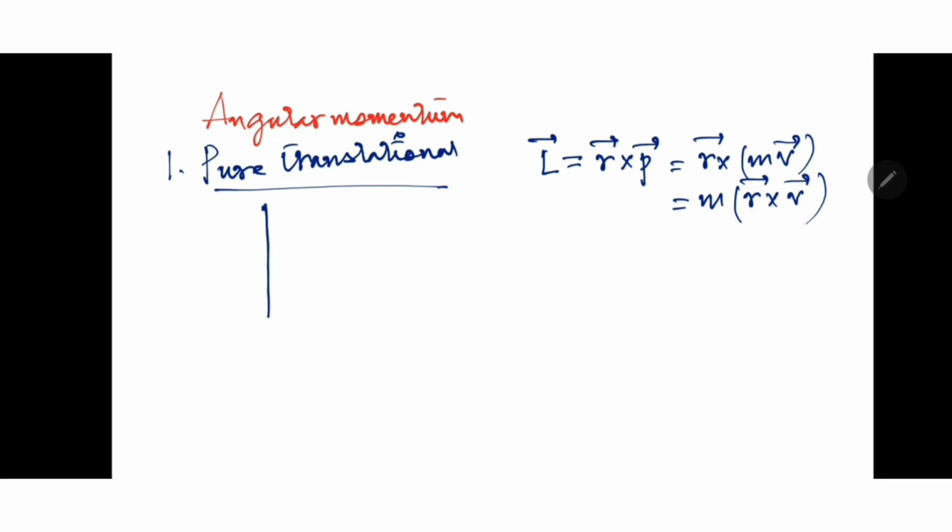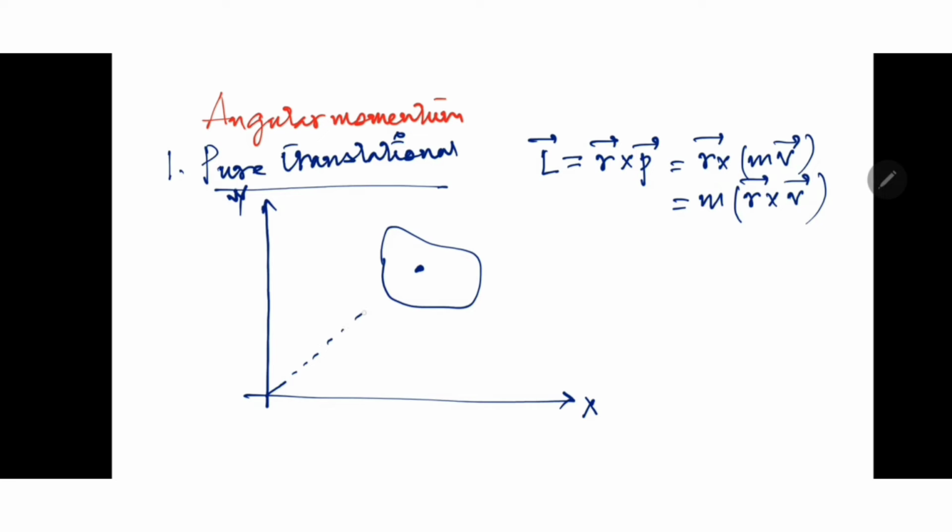Now let's draw a diagram. Suppose here is the object, this is the center of mass, which is situated at a distance of r, and let this be v acting at an angle of theta.